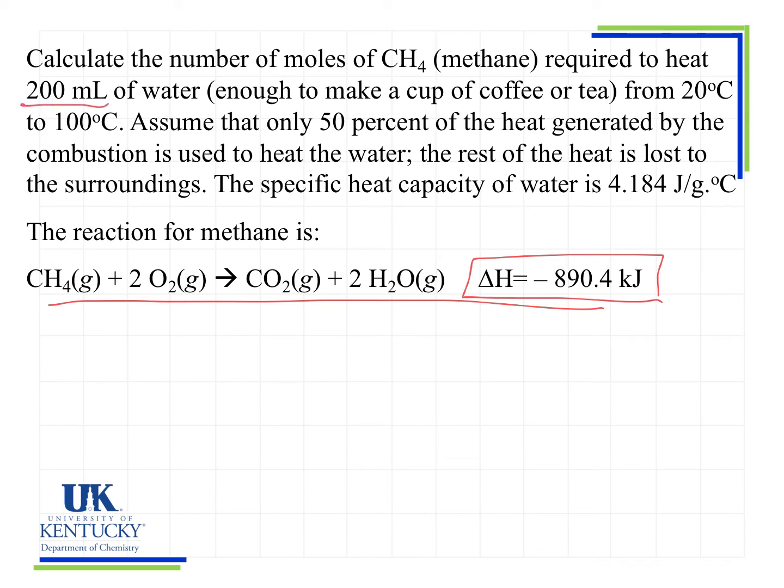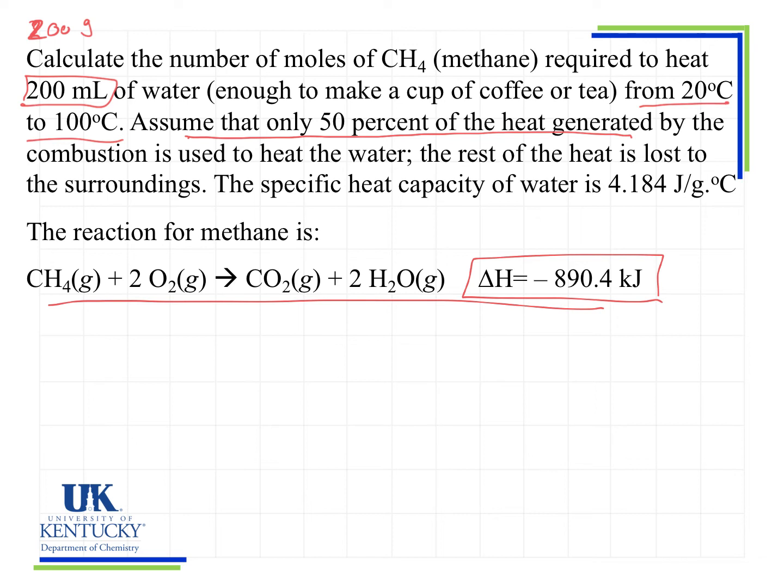How much water? 200 milliliter, and we know the density is 1, so that's basically 200 gram of water, right? Increasing from 20 degrees to 100 degrees Celsius, the boiling point. But we have to assume that only 50% of the heat generated goes to the water. So the methane is burning, it's producing some heat.